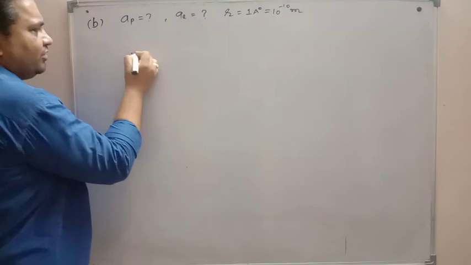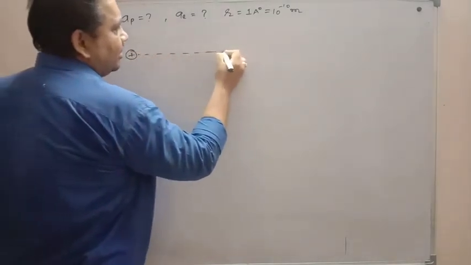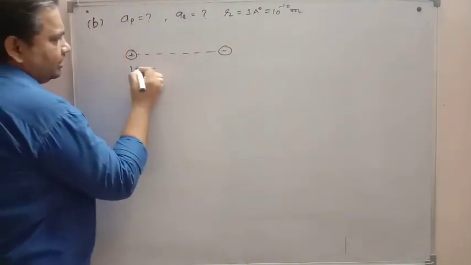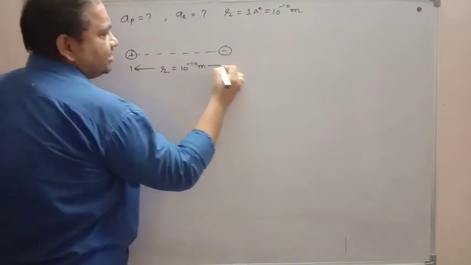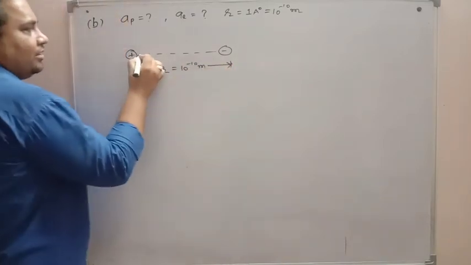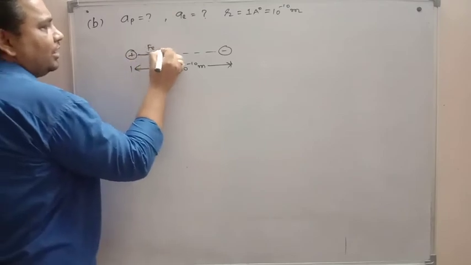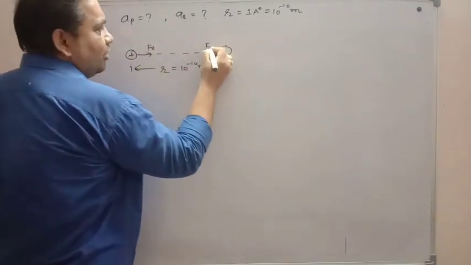So suppose we have this proton over here and we have this electron over here separated by distance 10 power minus 10 meter, then the electrical attraction force, how much will be that?